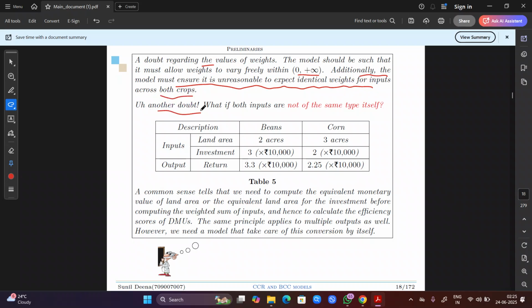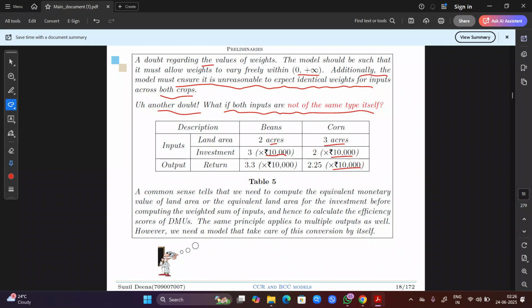Another doubt: what if both inputs are not of the same type? Consider this example. Here the input land area is 2 acre and the investment is in currency, and the unit is 10,000. In corn also the input land area is given and the investment is in 10,000. Then what to do?